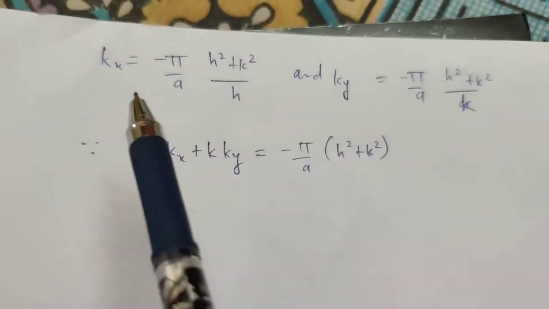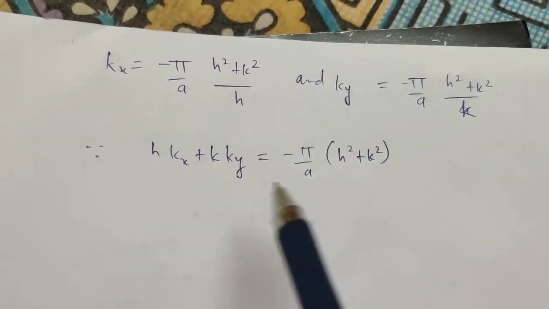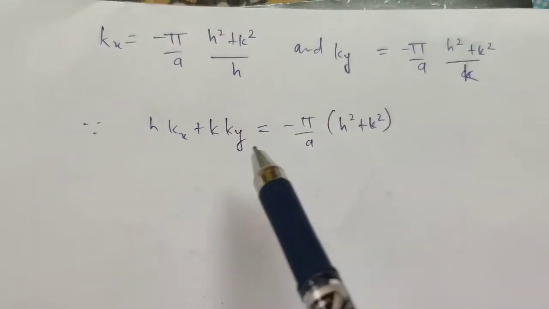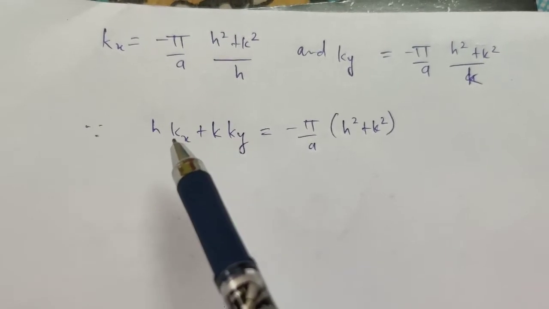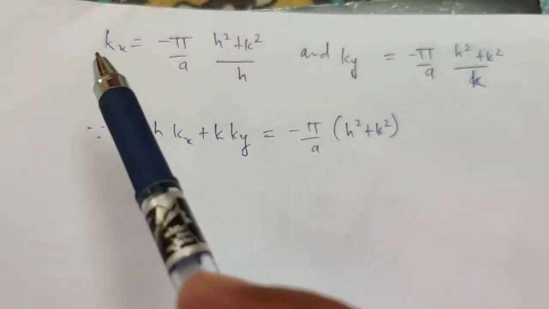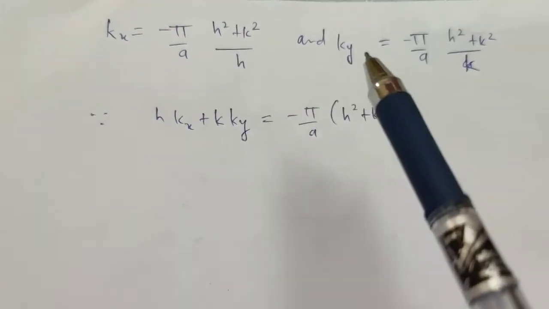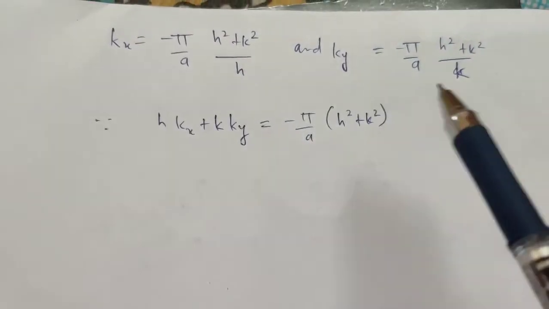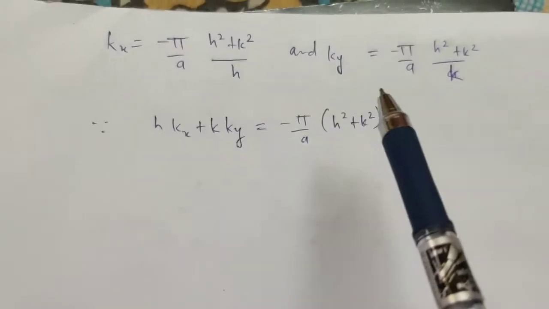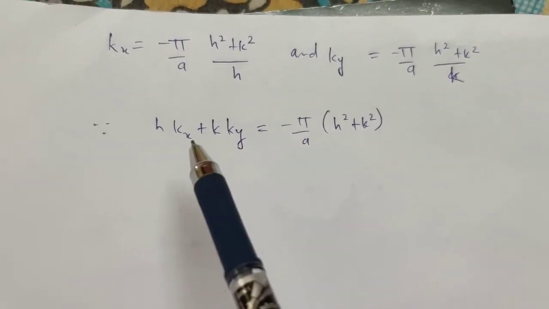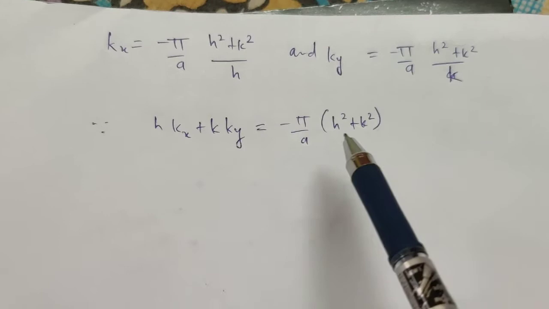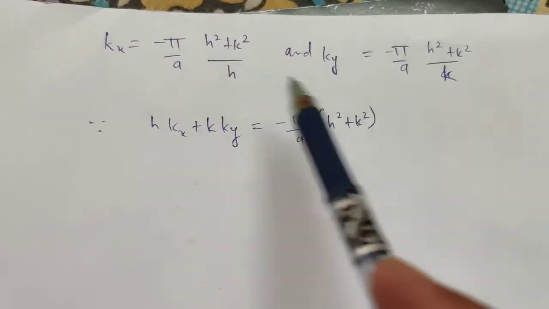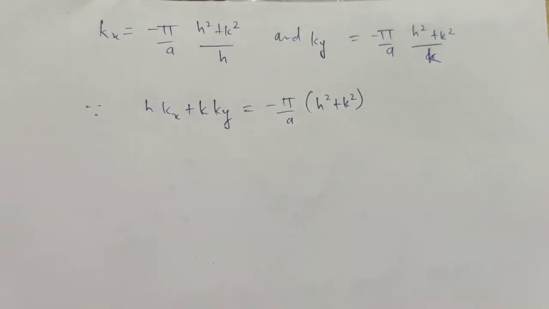To find the kx intercept, ky will be 0, and k will be here, so this will be the kx intercept. And to find the ky intercept, kx will be 0, so this will be this. So these are your kx and ky intercepts.